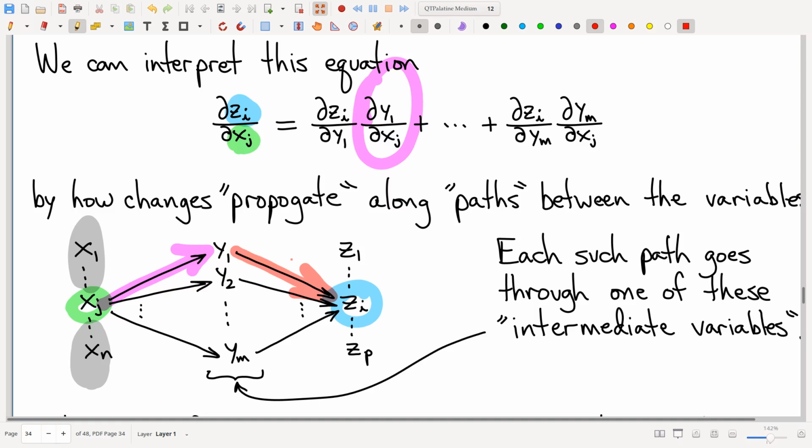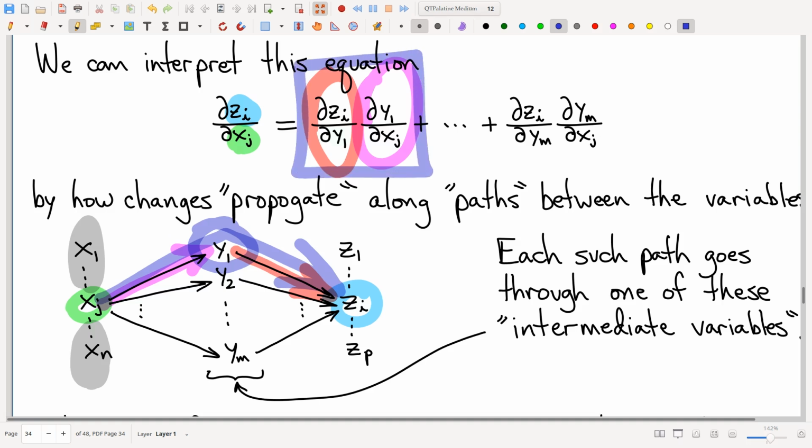Well, that's this factor right there. So altogether then, looking along the entire y1 path, that product represents the total factor by which xj changes propagate along y1 to contribute to zi changes.